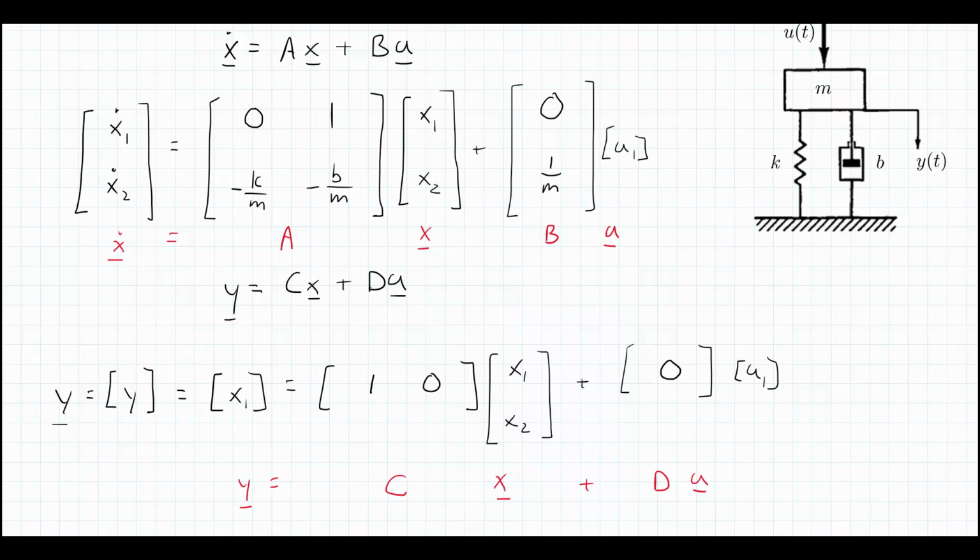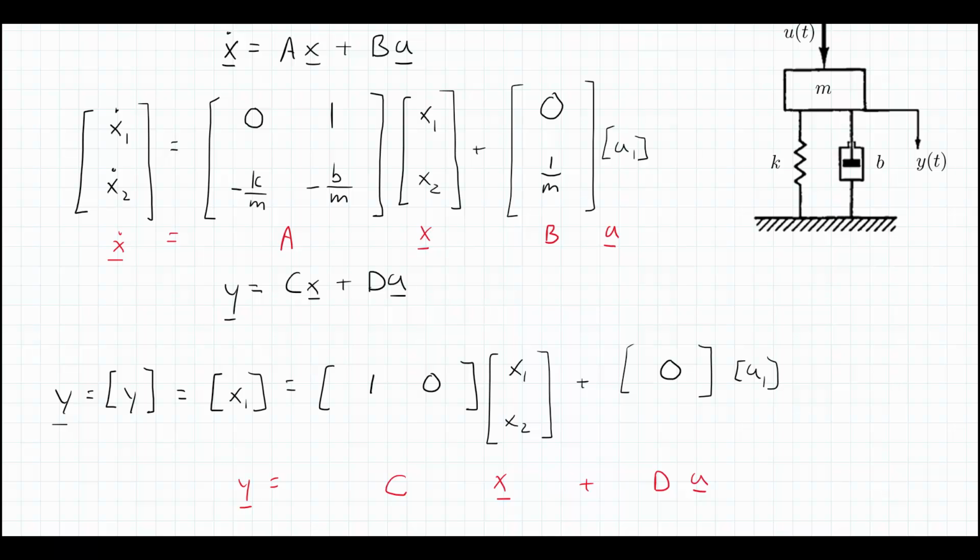But I need to keep in mind what my C matrix is doing. It's based on my state variables, and it's going to get me x1, which in my original coordinate system is y. So we still need to know how the state variables relate to the variables in our degrees of freedom, so we know how to interpret our results when we go into MATLAB.